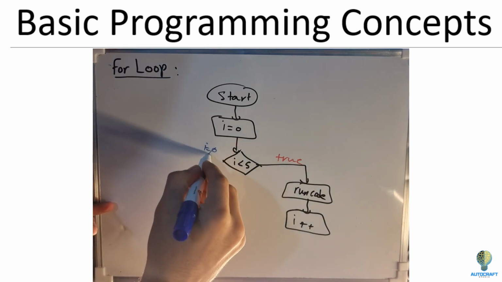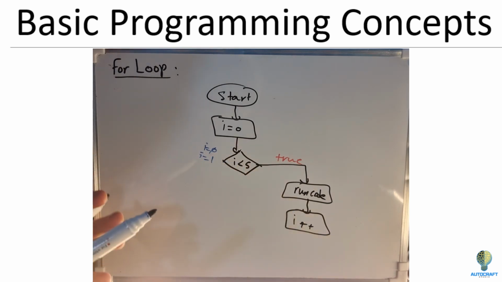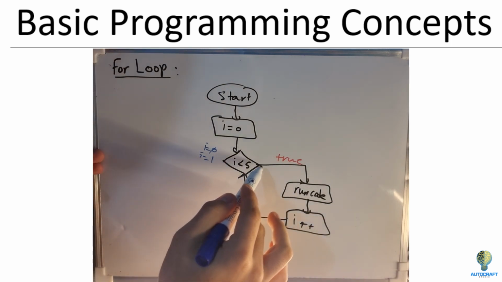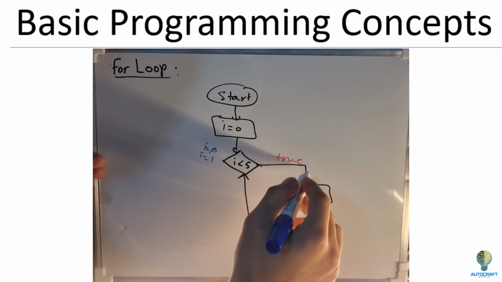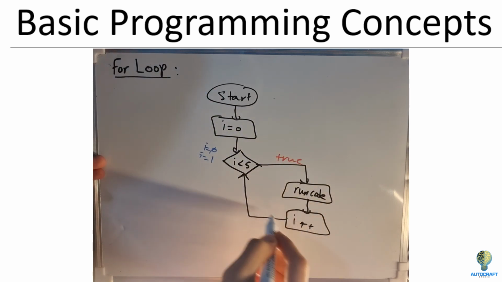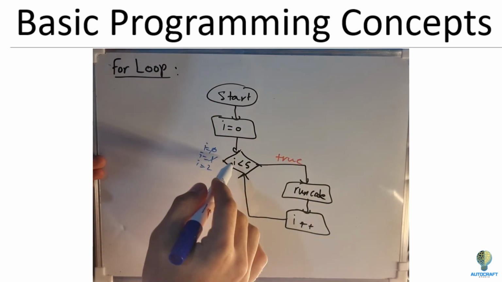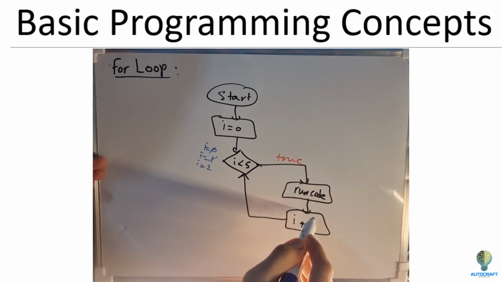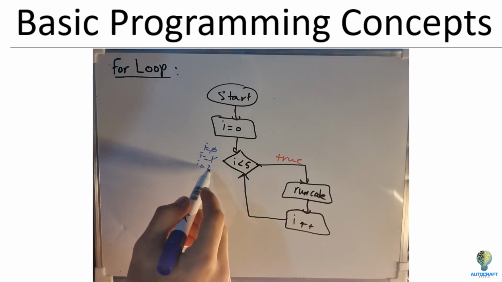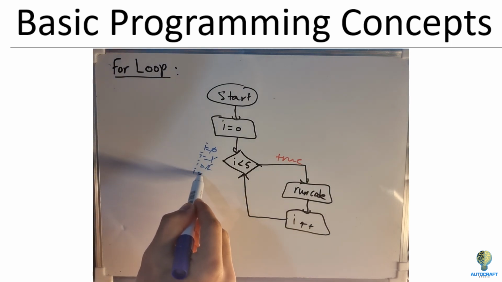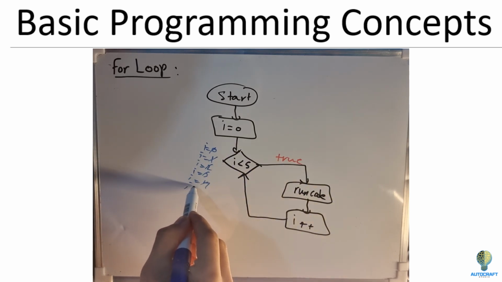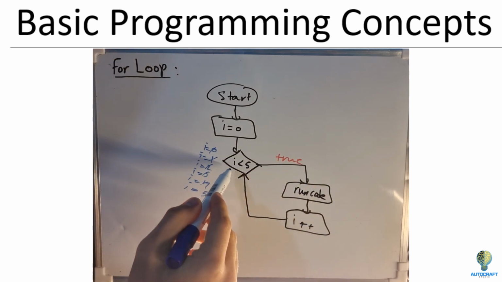Now we have I equal to 1. We repeat to check the condition. I equal 1 less than 5. True condition, so we run the code again, we increment I, we have I equal 2, so now we have 2 less than 5, it's true, we repeat running the code, and we increment I, and so I equals 3 less than 5, repeat, I equal 4 less than 5, repeat, I equal 5.